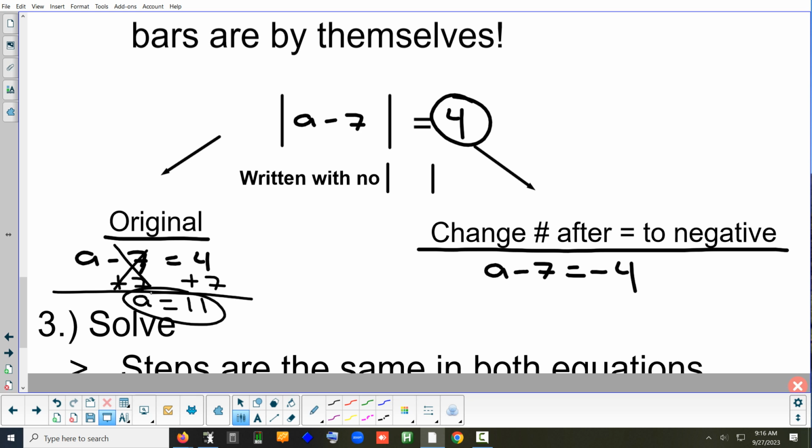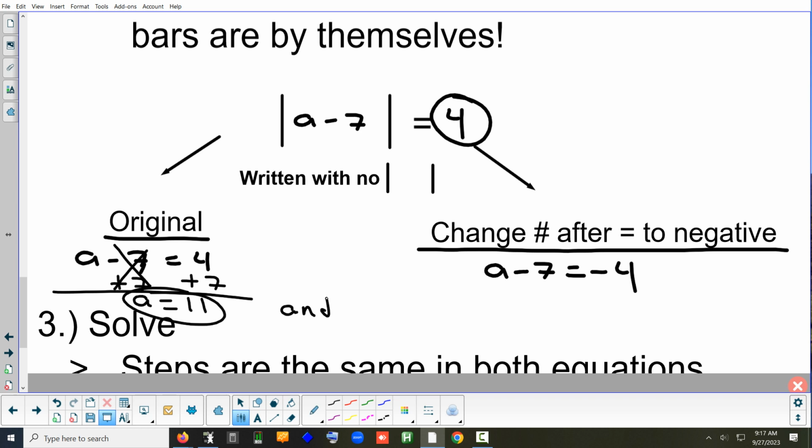I don't think I put that on the board, but you already have it on your notes. So A equals 11. And the other answer we get, A equals negative 1. So how did you solve this one? What did you do on both sides? Yep, we made the 4 a negative 4.